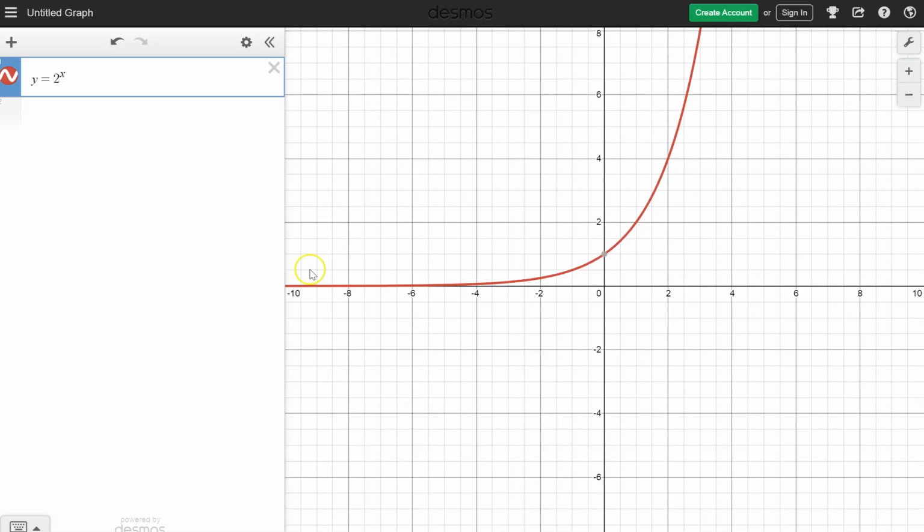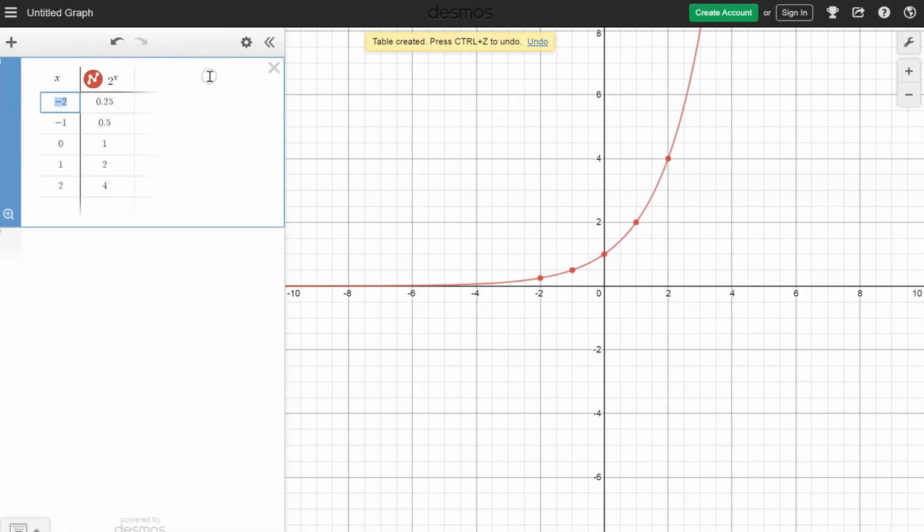Okay, so I've got a graph of y is equal to 2 to the power of x here. It looks great. I knew that it was going to be growth because the base is 2. But I'd like it to be a table of values. You can edit your list, okay, and then it will turn this into a table of values for you.